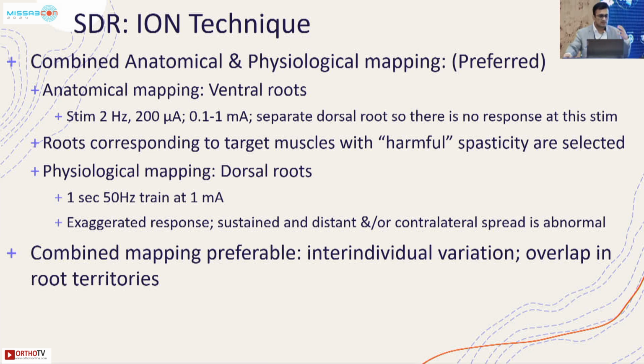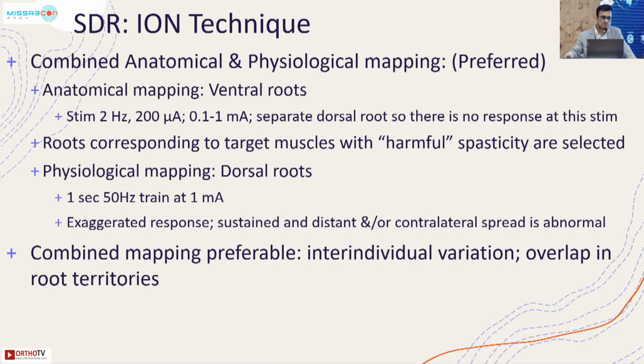In anatomical mapping, ventral roots are stimulated at 2 hertz and 200 microseconds, in the range of 0.1 to 1 milliampere current, and those levels associated with groups of muscles with significantly high spasticity are targeted for dorsal root stimulation.